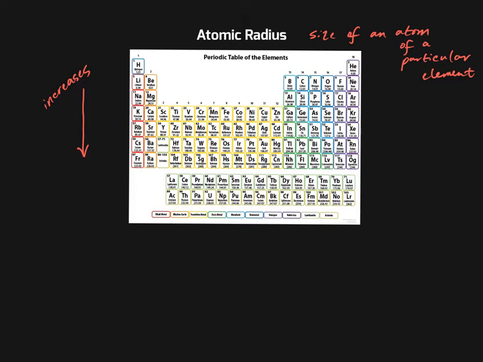Well, that's because every time we move down, we go to a new period, and we're adding an orbital. And we can call that a shell. We could also call that an energy level. Okay, because remember that in this group right here, the noble gases, they have a full outer shell.